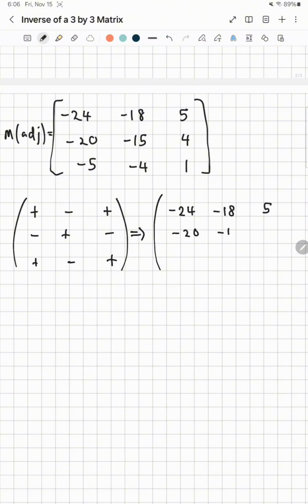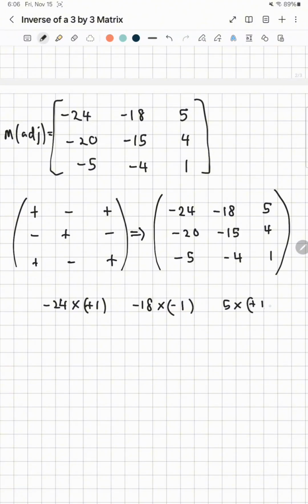I'm just gonna write the same matrix again, and now you multiply all these signs with the numbers in the matrix. So minus 24 into plus, so plus 1, minus 1. That's how it was. It's not your last step, it's the step before your last step.